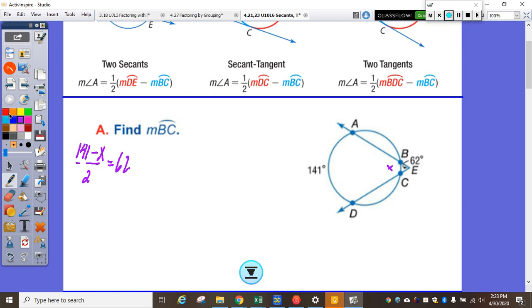Now we're going to have to do a little bit of algebra here, so we'll multiply both sides by 2 in order for these 2's to cancel out, and I have 141 minus x equals 124. When I subtract 141 from both sides, negative x equals negative 17. Well, x will equal 17. So the measure of this arc right here is 17.